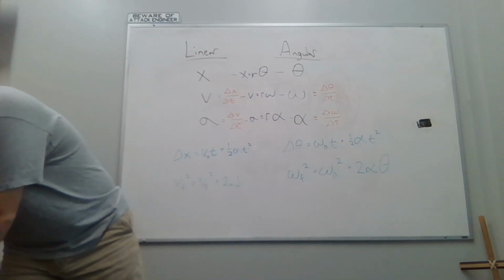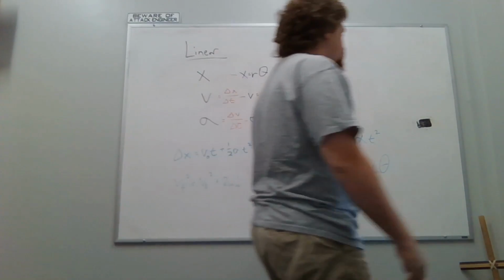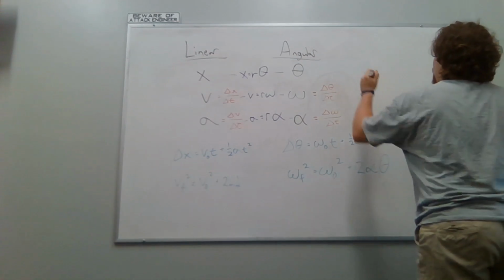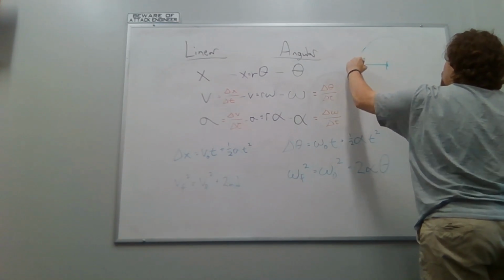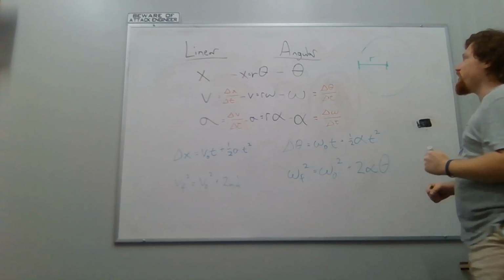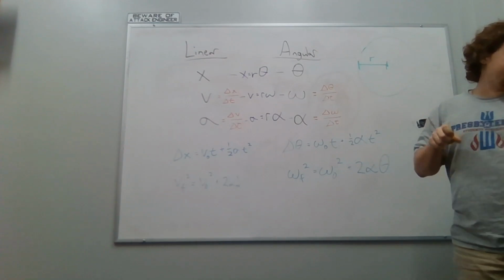So, brief vocabulary to help everyone remember. The radius of a circle is the distance between its edge and its center.